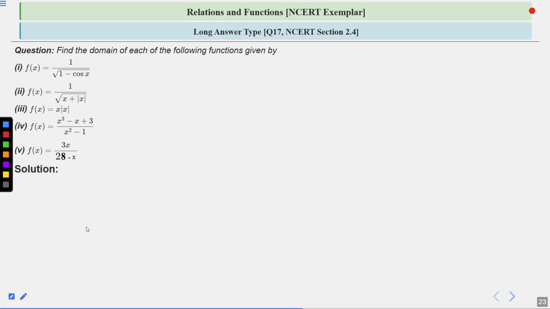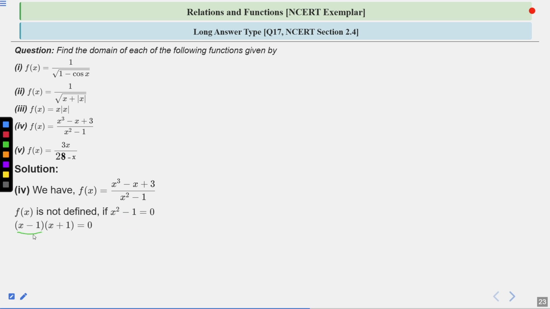Now, the fourth, f(x) defined by x cube minus x plus 3 by x square minus 1. f(x) is not defined whenever the denominator becomes 0. So we are looking for such points where the denominator is 0. The denominator is x square minus 1, so solve x square minus 1 equals 0.